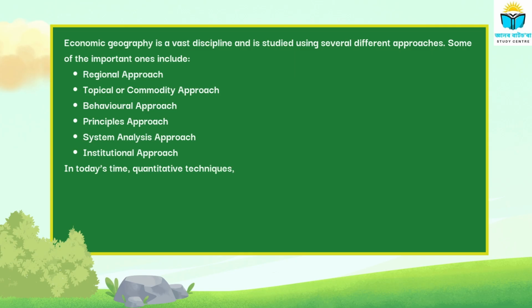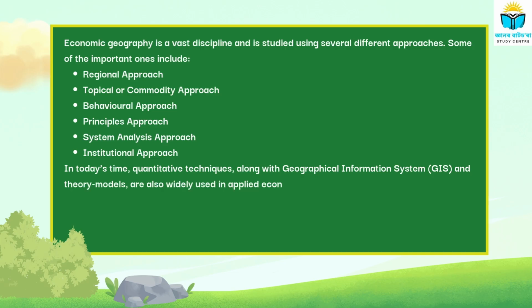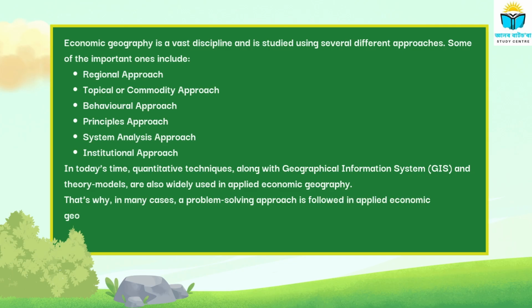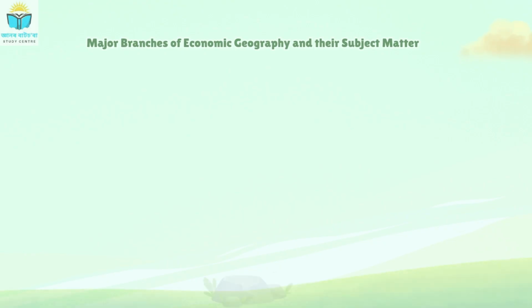In today's time, advanced tools like quantitative techniques, GIS, which stands for Geographical Information System, and theory models are also widely used. That's why, in many cases, a problem-solving approach is followed in applied economic geography to better understand and address real-world issues.